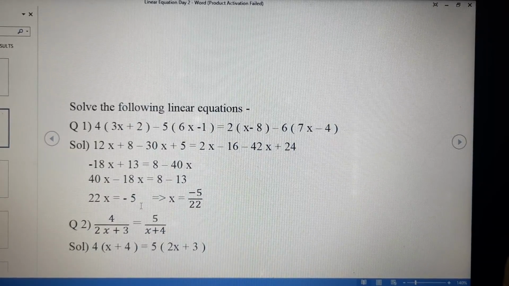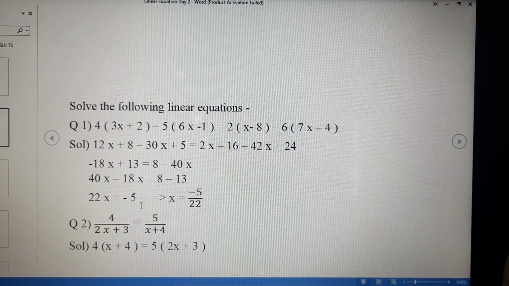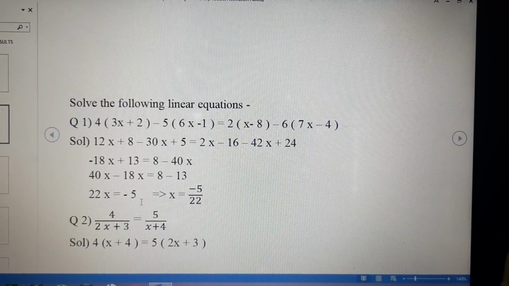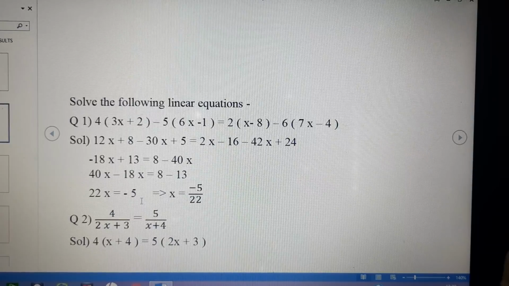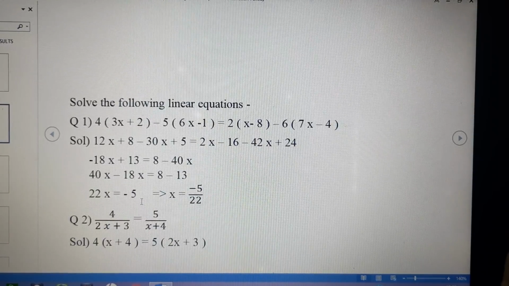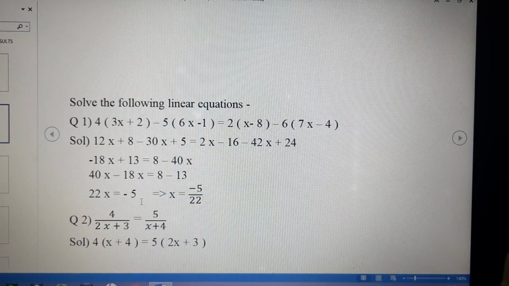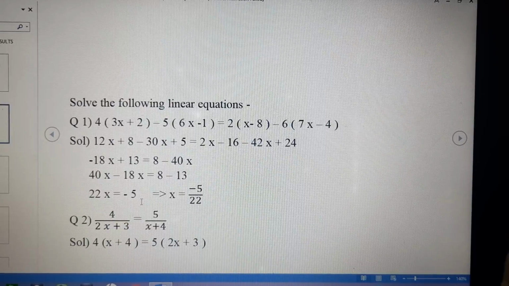What is the idea of taking the LCM? After taking the LCM, we land up with one fraction in LHS and one single fraction in RHS. Here we have been already provided with that, so no need to take the LCM.